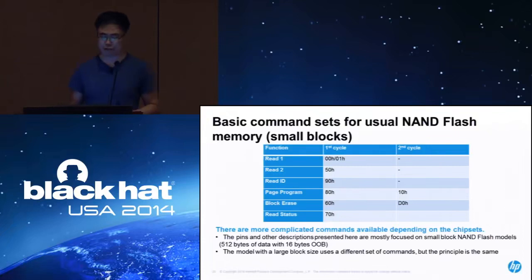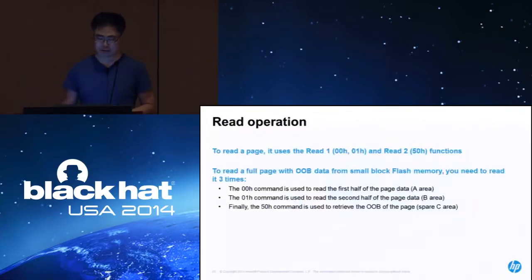Page program is for writing data to NAND flash, and block erase lets you erase the whole block, and so on. According to your own NAND flash brand, maybe they can support some additional special modes. For example, for the read operation, you need the read 1 and read 2 functions.